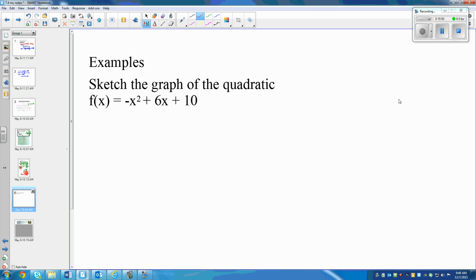So you either have to go through decomp, or my favorite cheater method to get out of decomp: when this is a negative 1, you just pull it out. So this will give me positive x squared minus 6x minus 10. That makes it easier because then you just have to think what multiplies to give me negative 10 and adds to give me negative 6.